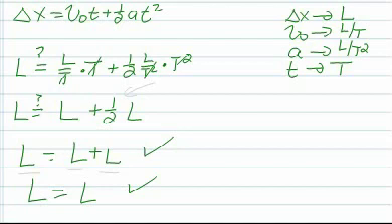If this 1/2 was any number, as long as it did not have a dimension associated with it, I would still end up with L equals L plus L, and L would equal L. It would be dimensionally correct, but not a physics correct equation, because there isn't one that is v0 times t plus 42 at squared.